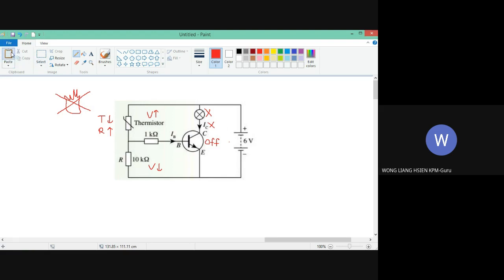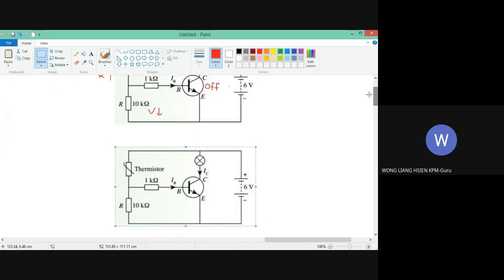However, when there is a fire, the fire is hot, so the temperature will go up and the resistance will go down, so the voltage that the thermistor gets will become very low.